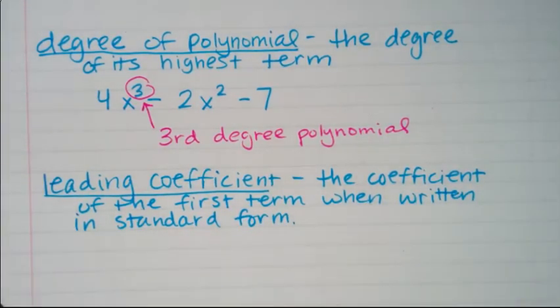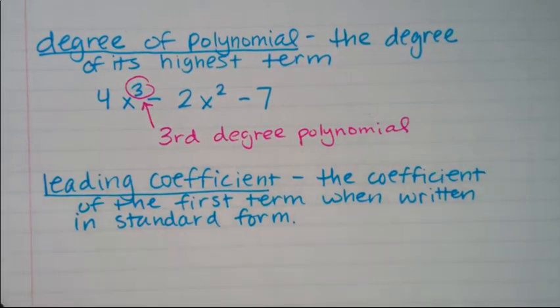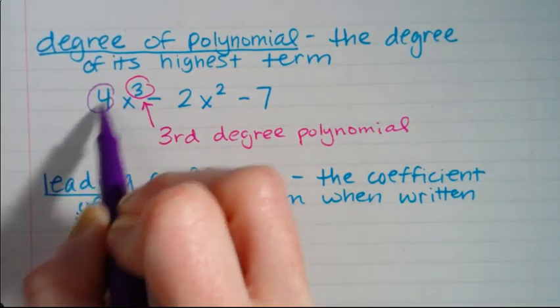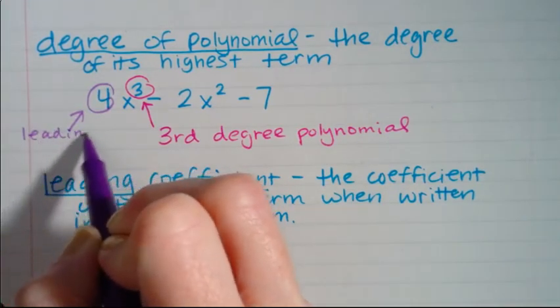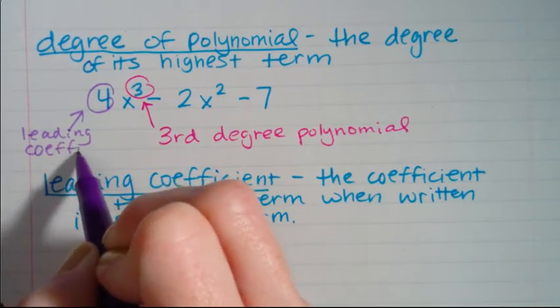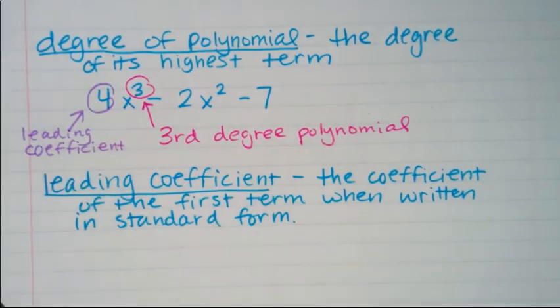And remember, standard form means that it's that specific order where it goes from highest exponent to the next highest to the next, from largest down to the smallest exponents, right? And this 4 right here would be considered the leading coefficient. Okay? So it's the coefficient that leads the whole polynomial. So that very first term is very important. It gives us our leading coefficient and it tells us what degree the whole polynomial is.